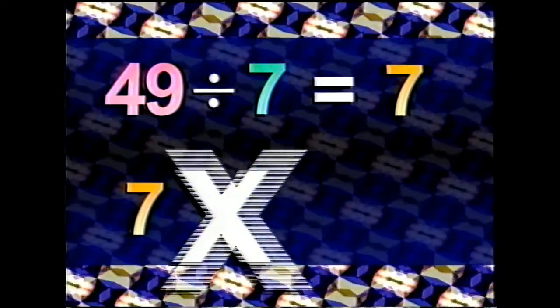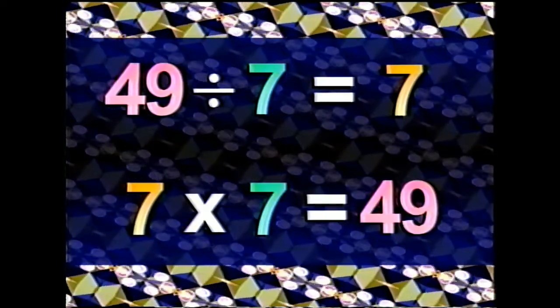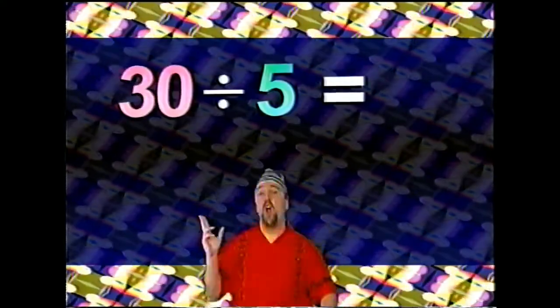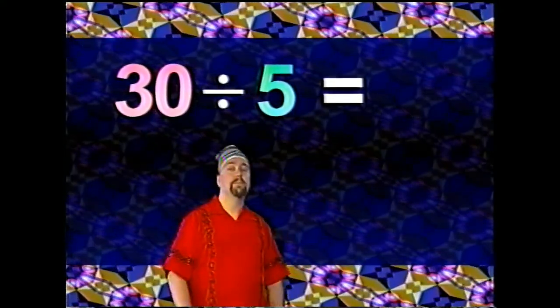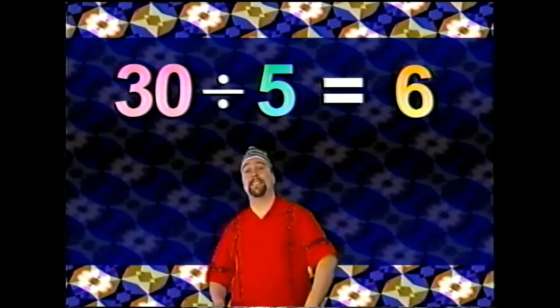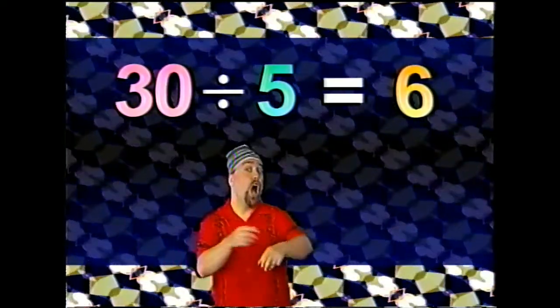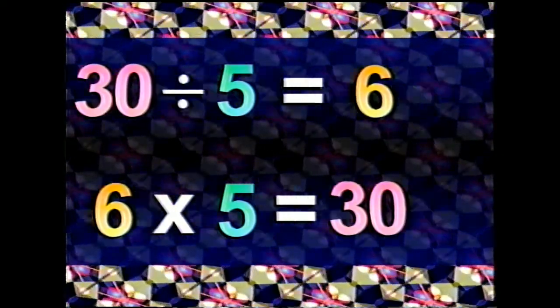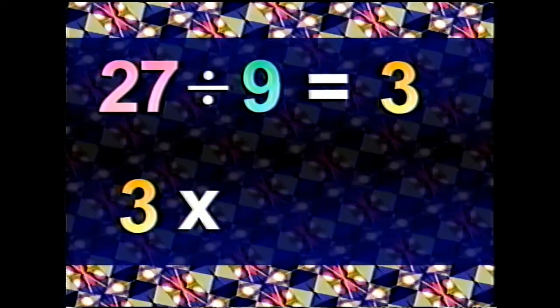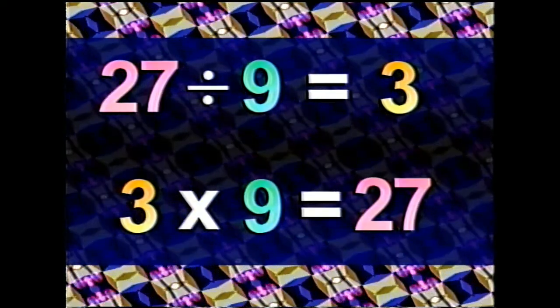Because 7 times 7 is 49. 30 divided by 5 is 6. Because 6 times 5 is 30. 27 divided by 9 is 3. Because 3 times 9 is 27.